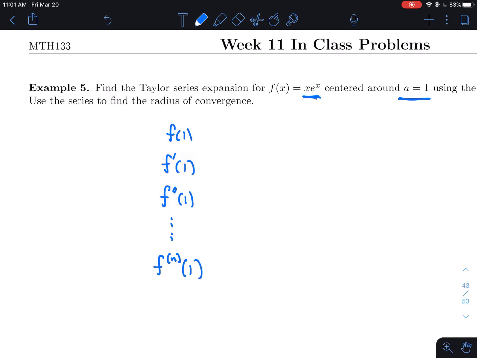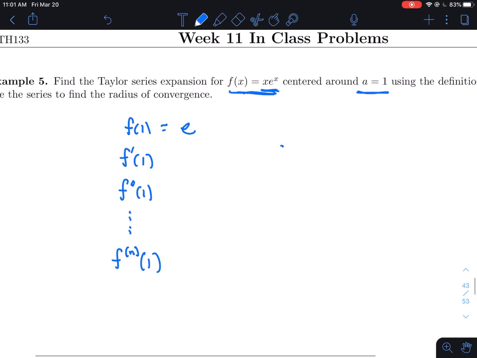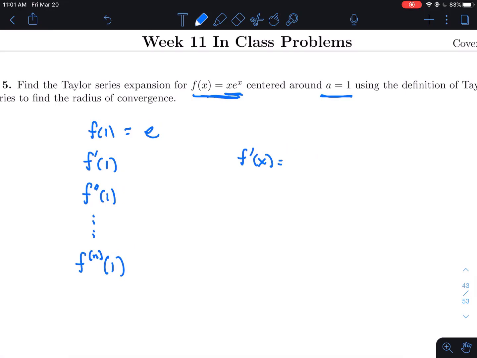So, okay, let's go ahead. Here's our function up here. Let's plug in 1. So when I plug in 1, I'm going to get 1 times e to the 1. So that's just going to be e. Okay, not so bad. Let's go ahead and take a derivative, right? So f prime of x. Well, notice that in this case, I have to go ahead and use my product rule.